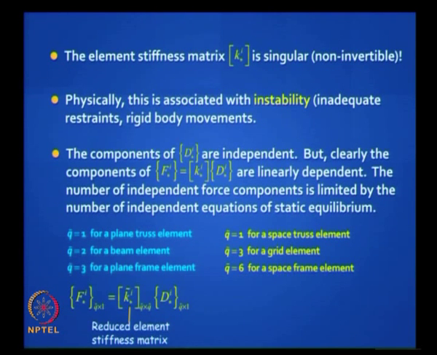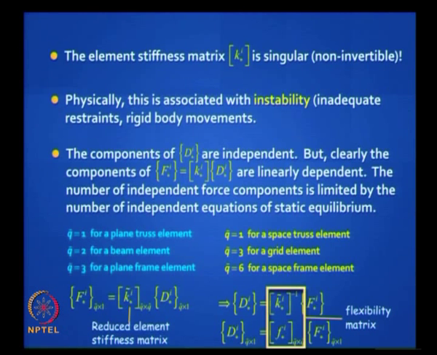That inverse is called the flexibility matrix of the same size. So it is beautiful, that is why it is good to look at the reduced element and flexibility in one go, because the size of all the matrices are identical. Does it make sense? Okay, next.